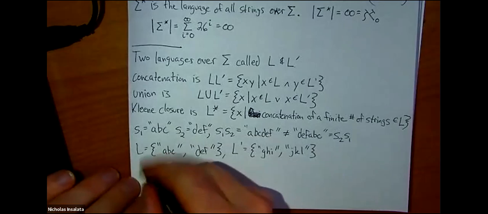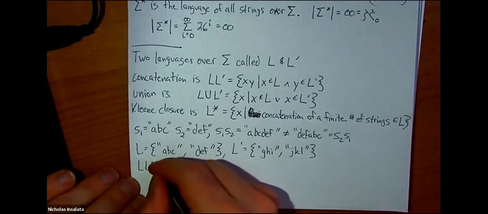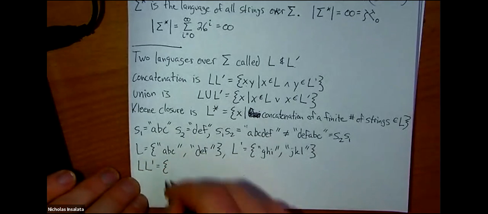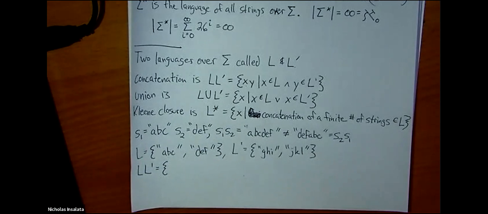So what would be the concatenation L L prime? How about just the first one? We'll just go one at a time. All right, so what would the first string in that concatenated language be?